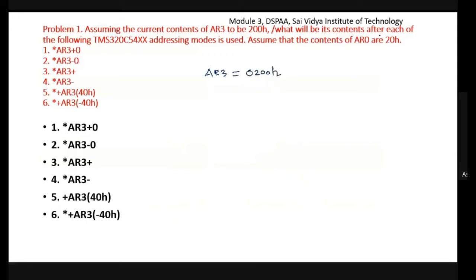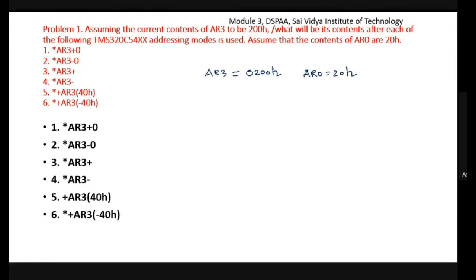What will be its content after each of the following addressing modes is used, when AR0 given is 20 hexadecimal? So when the 20 hexadecimal value is given, how is it going to perform? We have to analyze that with respect to the instruction.